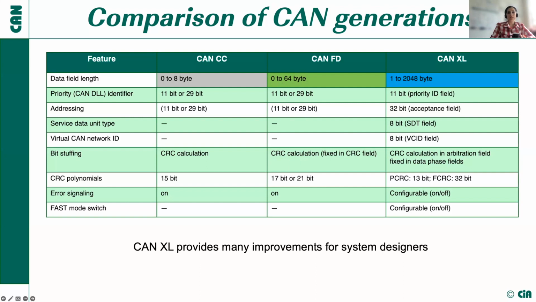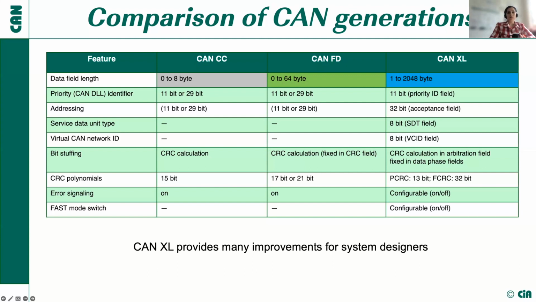So the CAN XL protocol has an 11-bit CAN ID instead. And it has a new field named acceptance field, which has 32 bits. ID-based and source destination-based addressing is achievable by this field. This field also contains network address or authentication information like message ID.